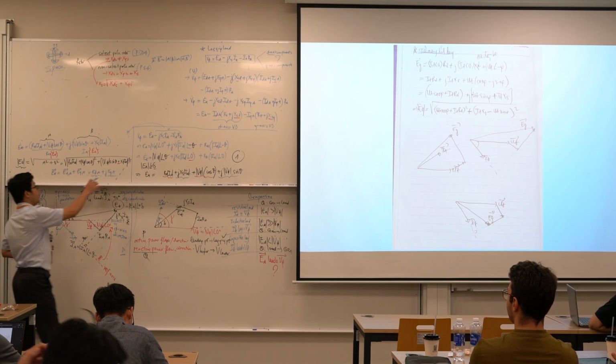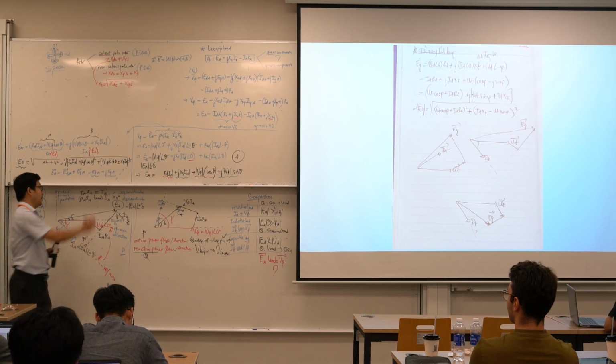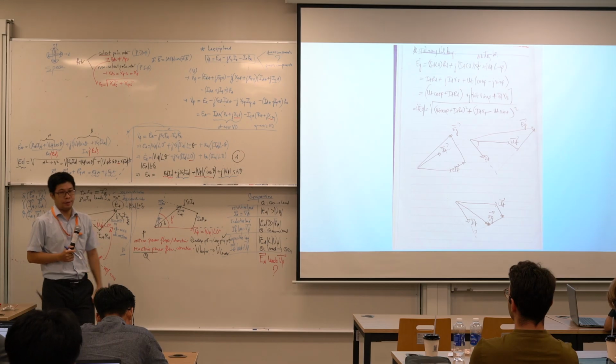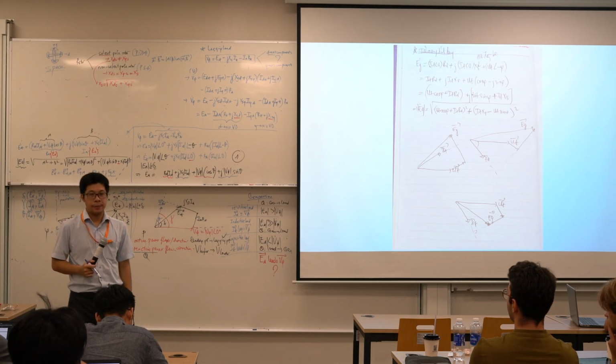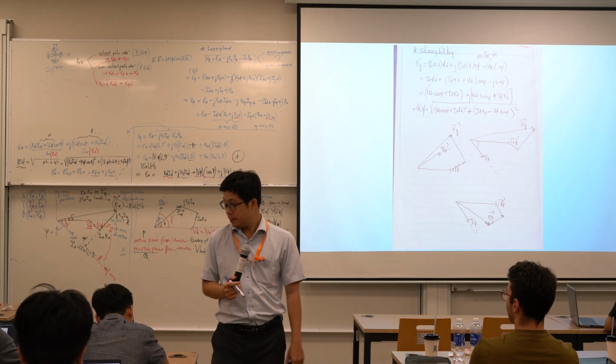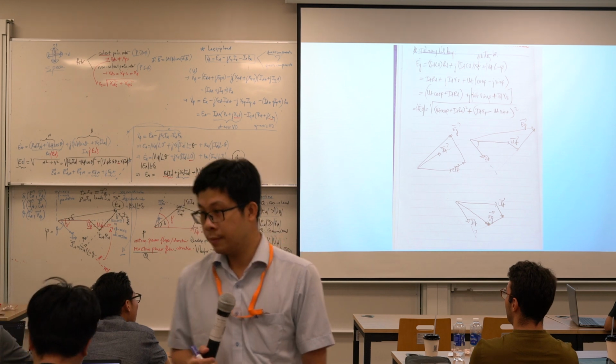Actually, it's this one minus this one, but that's okay because we take the square. How can you get this one? I have the explanation here, or you need to demonstrate it for yourself because you are really smart. Do you understand?